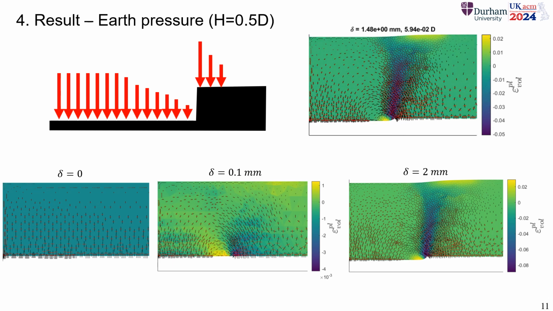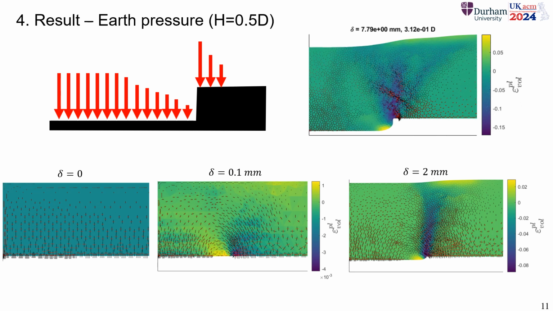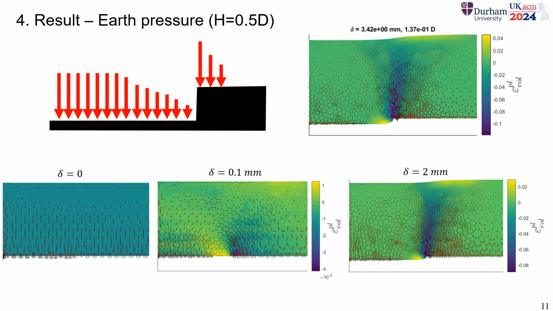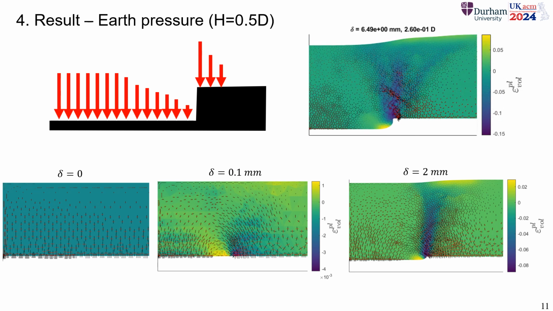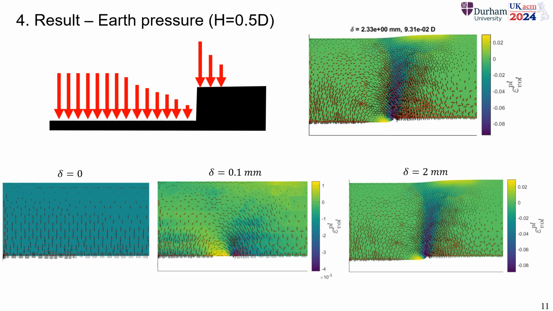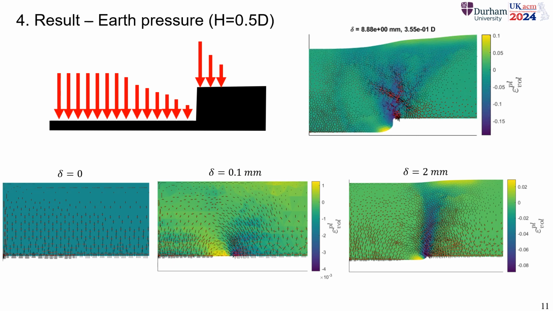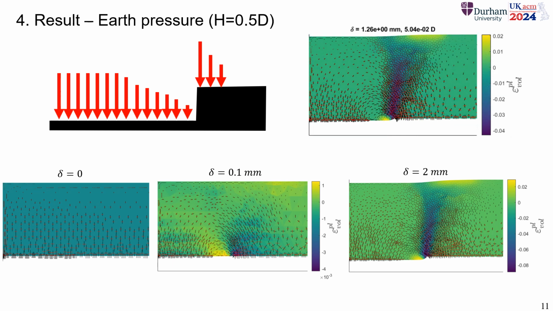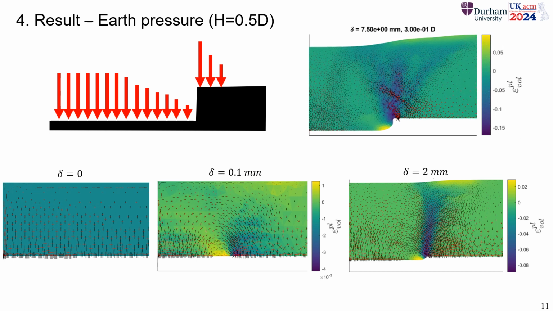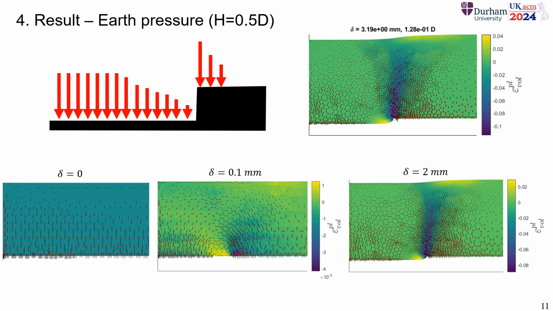Initially you have a uniform state with vertical eigenvector, and then as the trapdoor moves, you have this creation of arching that lowers the load just above the edge of the moving trapdoor, keeping a more or less constant value of stress on the rest of the trapdoor and increasing the stress acting on the edge of the stationary zone.